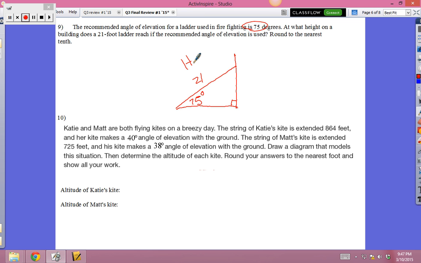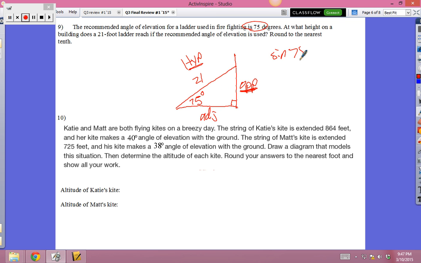The 21 is actually the hypotenuse, and this is the opposite, and the base is going to be my adjacent. So what they want to know is the opposite. How high on the building is this going to go? So let's use opposite, and let's use 21, which is hypotenuse. So if you're using opposite and hypotenuse, you need to use sine. So the trig we're going to use is sine.